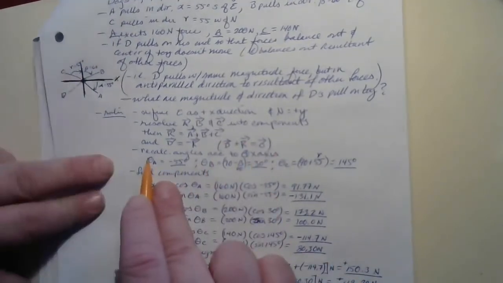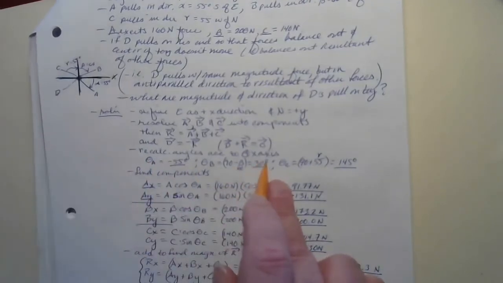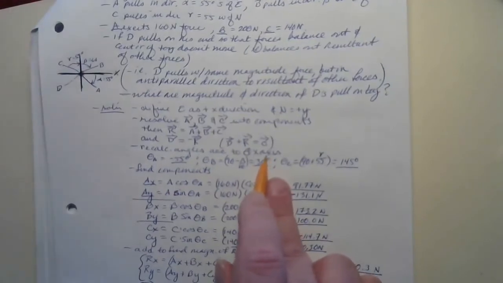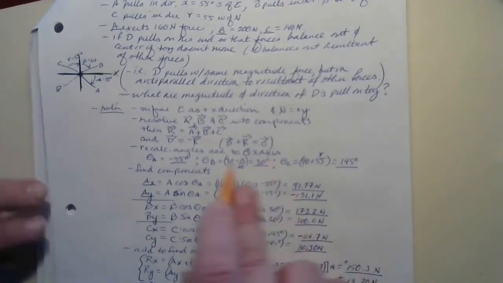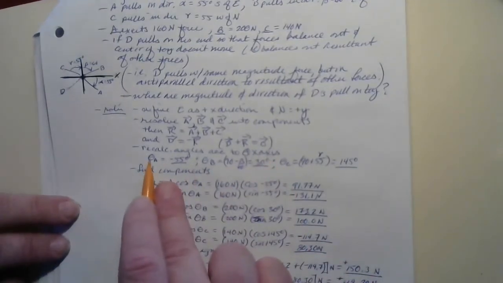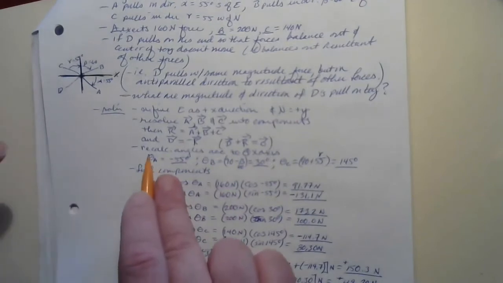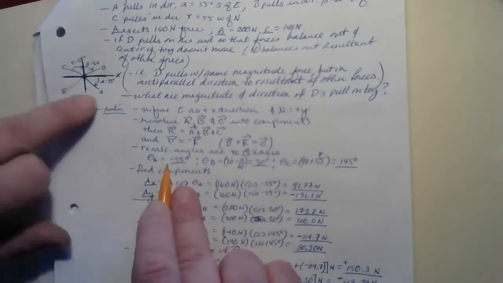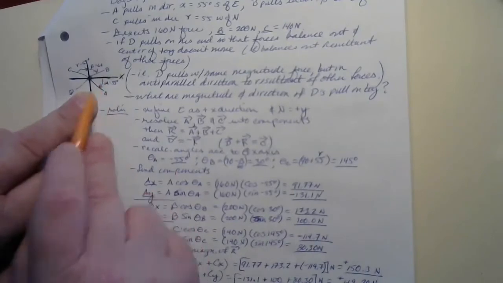Before we can actually do this, we would probably want to recalculate the angles according to some common definition of angles. And it's customary to measure angles from the positive x-axis, or the east direction in this case. So we're going to call this theta. Sorry, I got the line going vertically instead of horizontally. Theta for dog A is going to be negative 55 degrees because it's 55 degrees below the x-axis.